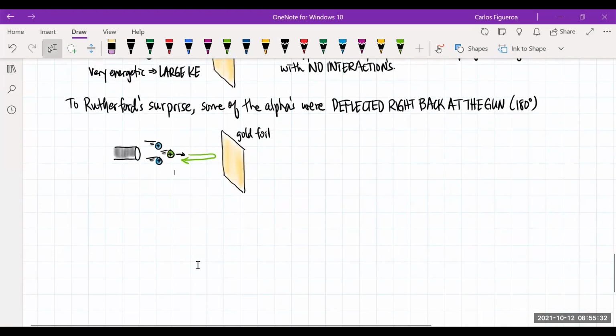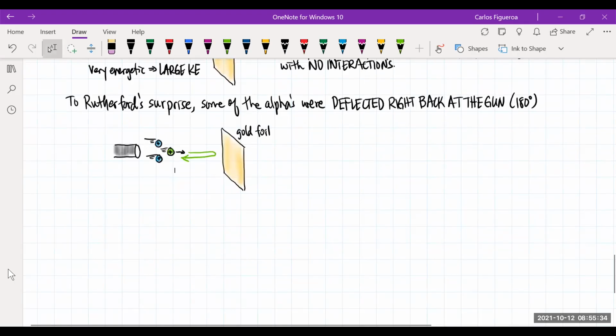So what happens now? It's Rutherford's analysis that was quite impressive here. Here was Rutherford's analysis. And what he said is, check this out. I have two atoms that I want to bring in.